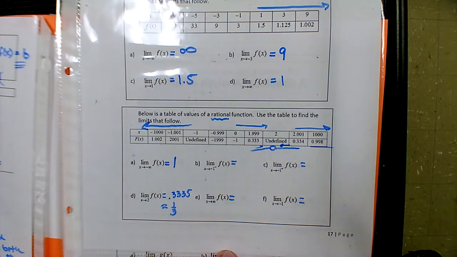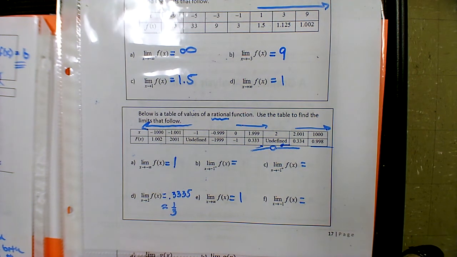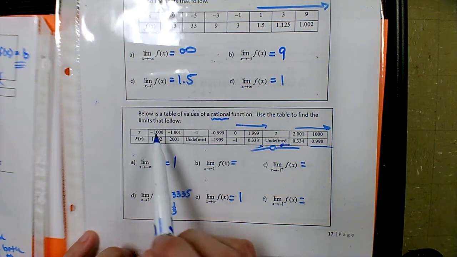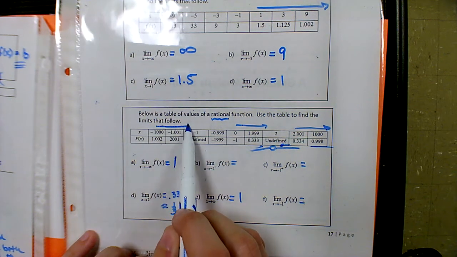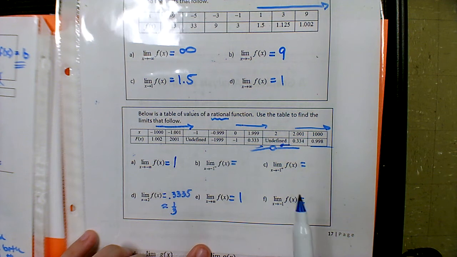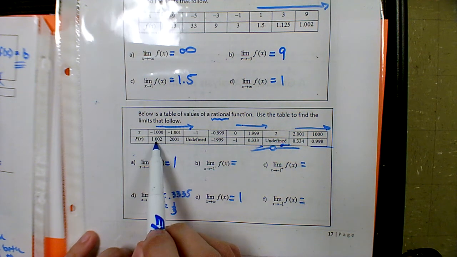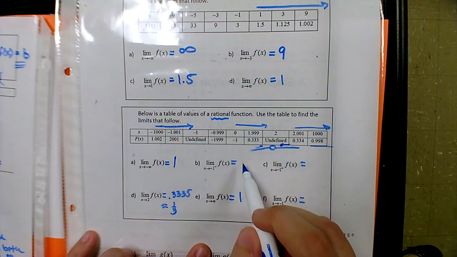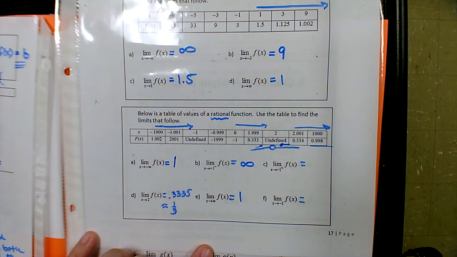Yep, we're leveling off at 1. B is infinity, as we approach -1 just from the left. Infinity, yep. Notice how we go from 1 to 2001. We're growing very quickly. We're going upwards.